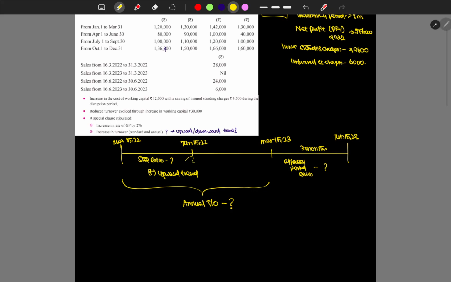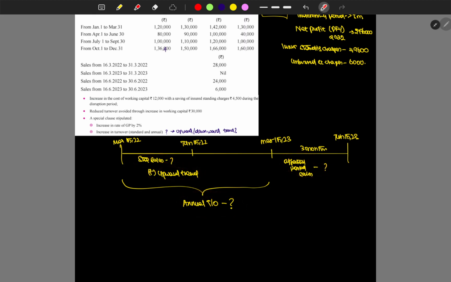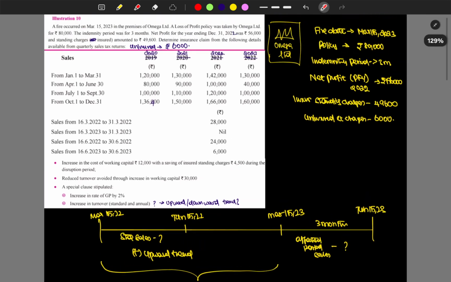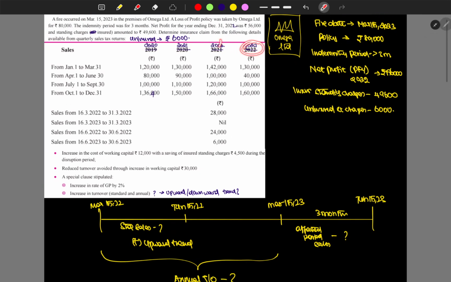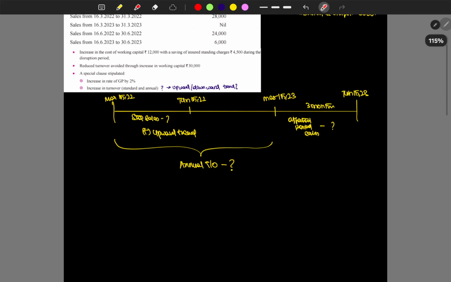We don't know any information about the standard sales, upward trend, affected period sales. We have to find out all the information from the problem given in the question. And a period has been given wrong. I have corrected it here. You guys also correct it in your books. Let's quickly jump into the problem.